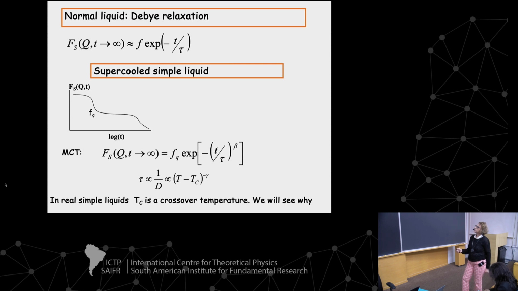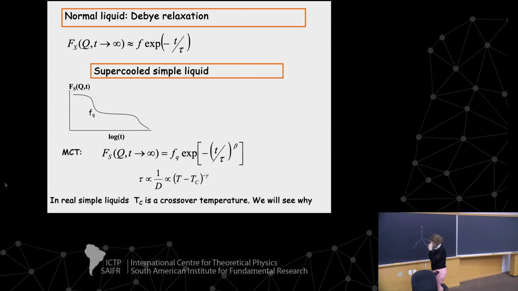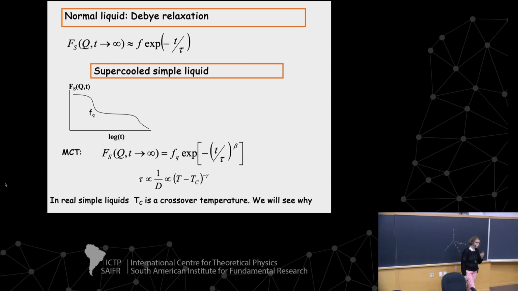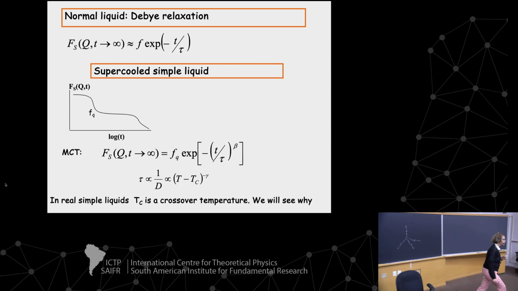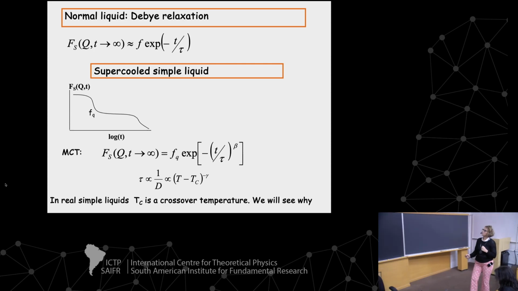When you are supercooled, Fs of q,t for a long time, again avoiding the initial Gaussian, will be f of q, which is the height of this plateau, times the exponential of minus (t over tau) to the beta. This law, the stretched exponential, is also called the Kohlrausch-Williams-Watts law, from Kohlrausch and Williams and Watts, who introduced the stretched exponential function for the first time.